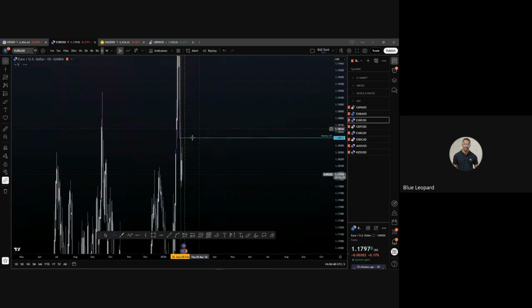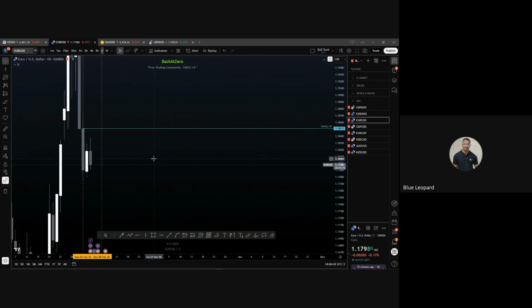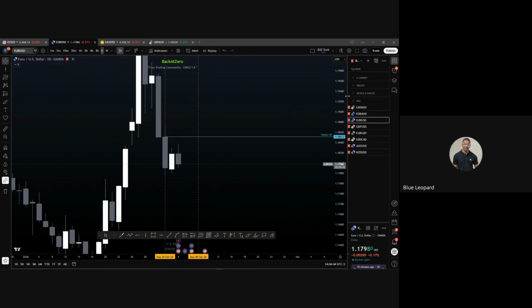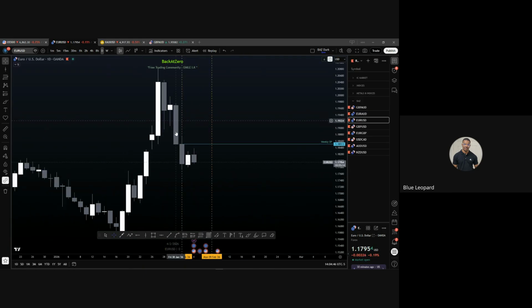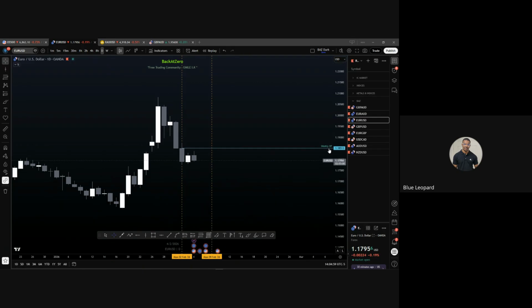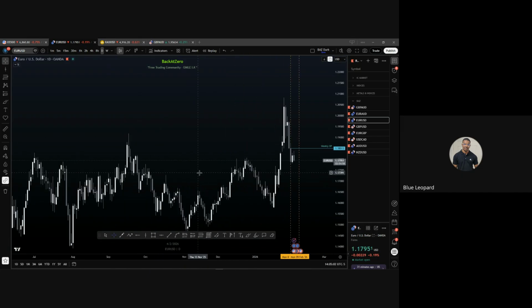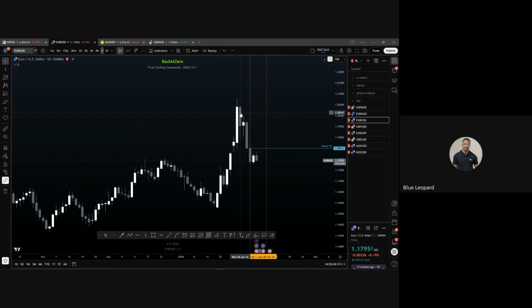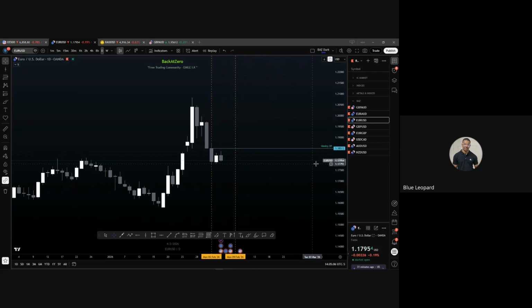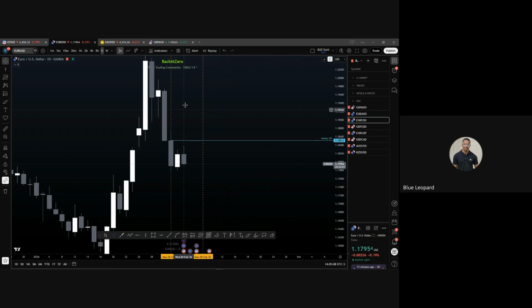We went on the daily, and we wanted to know what will the daily do, knowing that we closed bearish here. So Monday, okay, started with a bearish move. We closed bearish. Monday started with the bearish move, and then Tuesday went up, but most of the price action we can see here was bullish. So we wanted to ask ourselves, is price gonna go back up or will it continue lower?